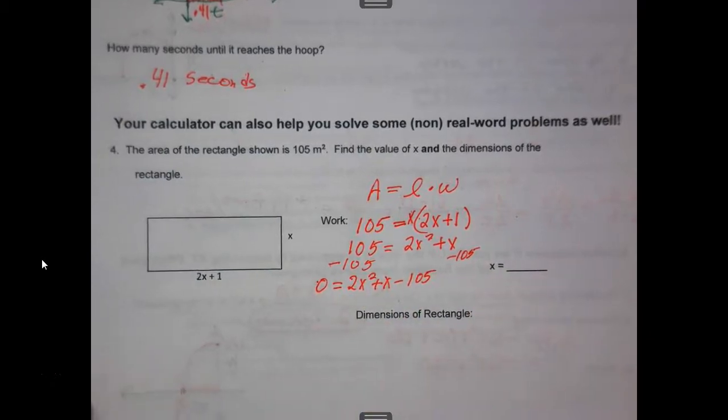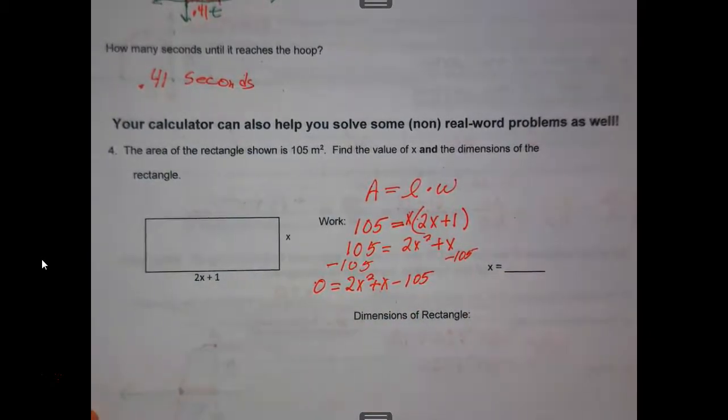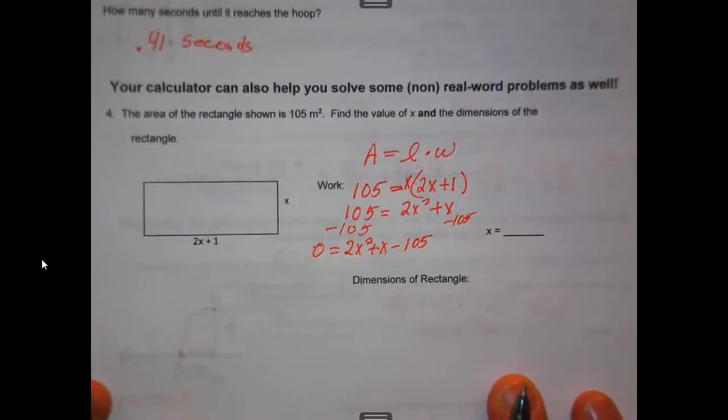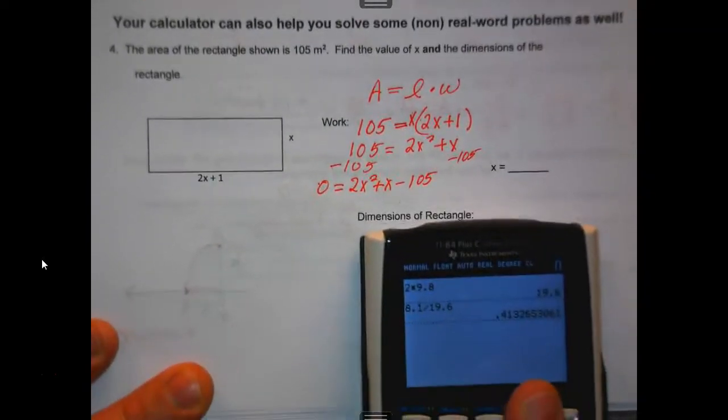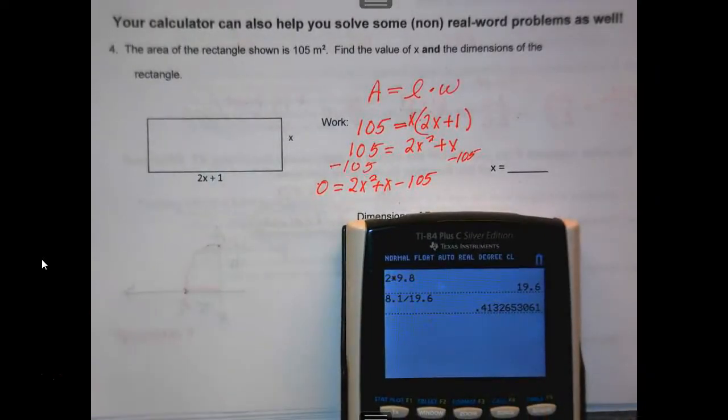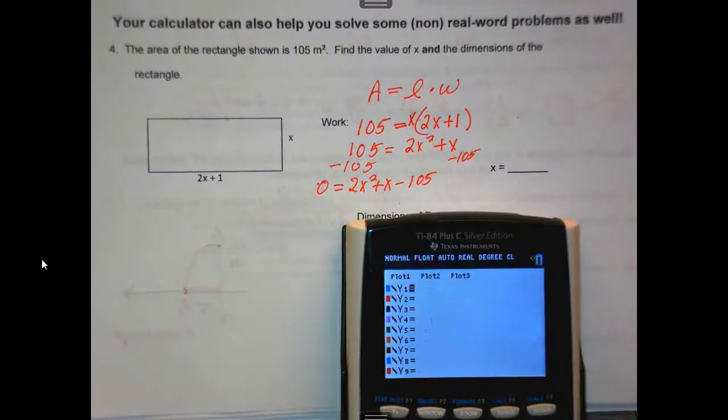And guess what? I can plug that into my calculator, right? And draw a parabola. I can put this quadratic function in my calculator and make a parabola. See how fun this is? All these different ways you can solve problems now.